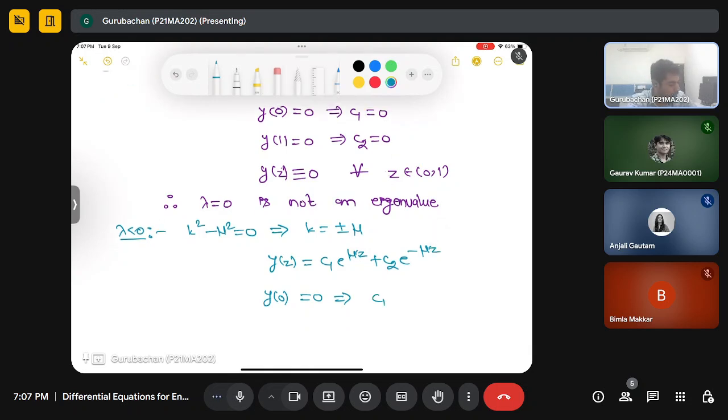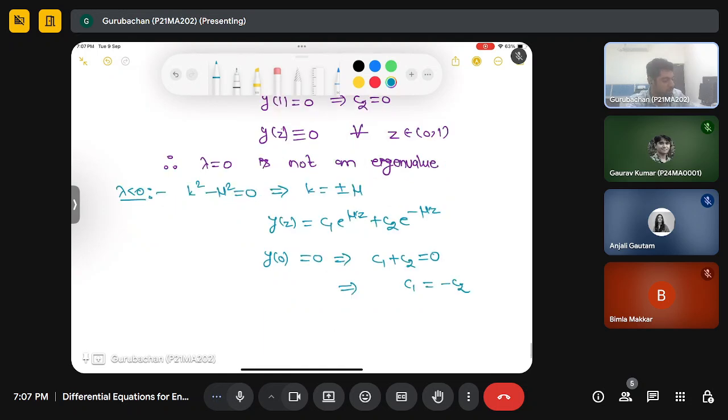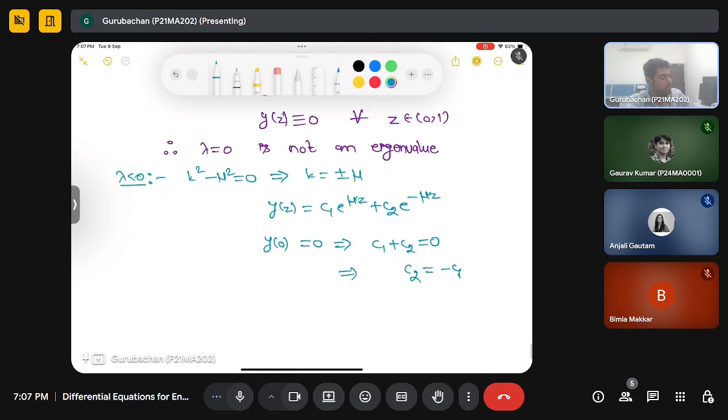What will this imply? c1 plus c2 is equal to 0, which will imply that c1 is nothing but minus c2, or c2 is nothing but minus c1. We can say both things. For convenience, I am saying c2 is minus c1. Okay, so next is y1 is 0.